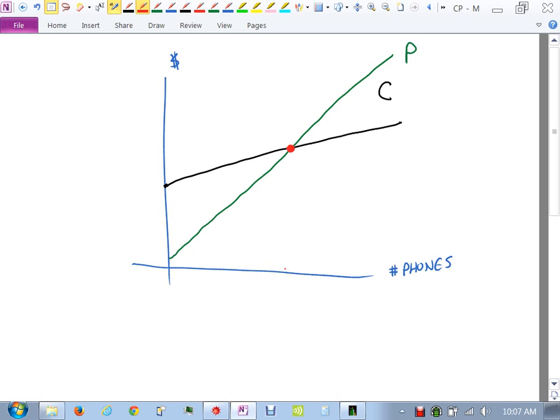If you sell fewer phones than this, let's say this is like 120,000, maybe you determine that as long as you sell more than 120,000 phones, you're going to start making money. But that break-even point is always something that business companies are trying to figure out. And in this case, it would be just the intersection of two lines. Make sense? Okay, that's just one basic example. For us, we're just going to have equations. We're just going to try and find it using this method, and that'll be it.